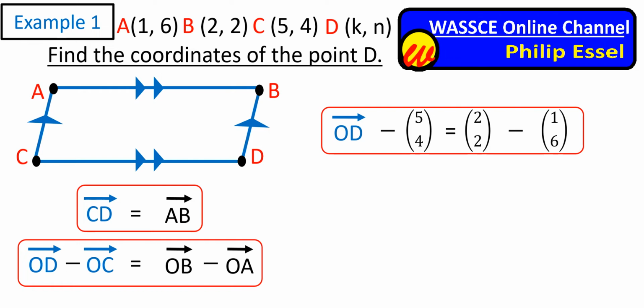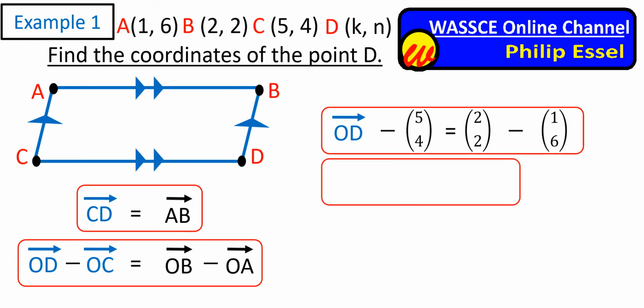When you substitute this, our vector OD minus our vector OC, which is 5, 4, will be equal to our vector OB, which is 2, 2, minus our vector OA, which is 1, 6. So that's what we will get.